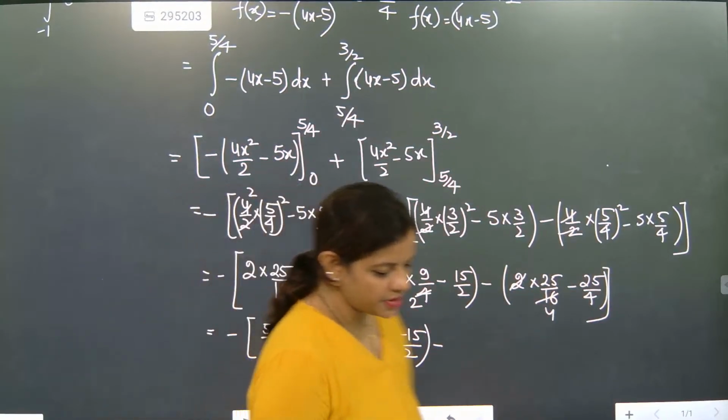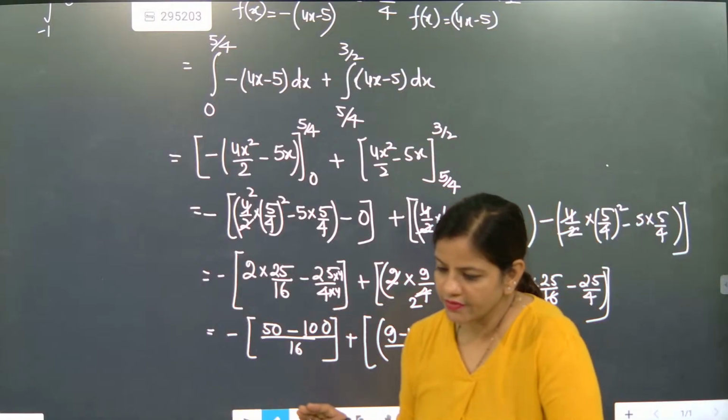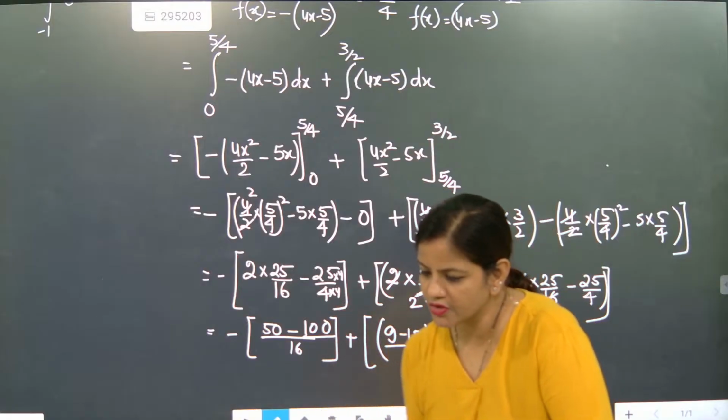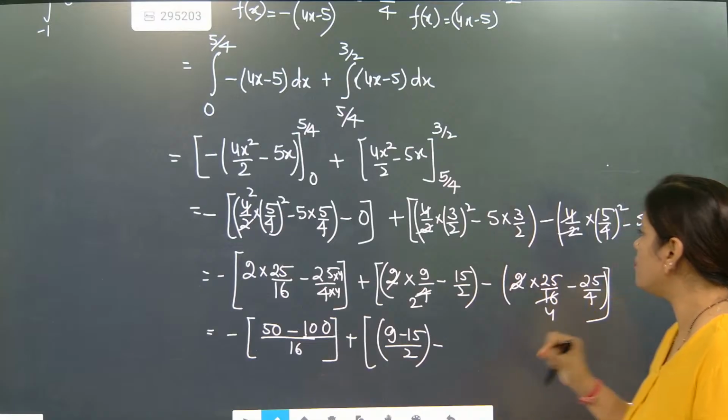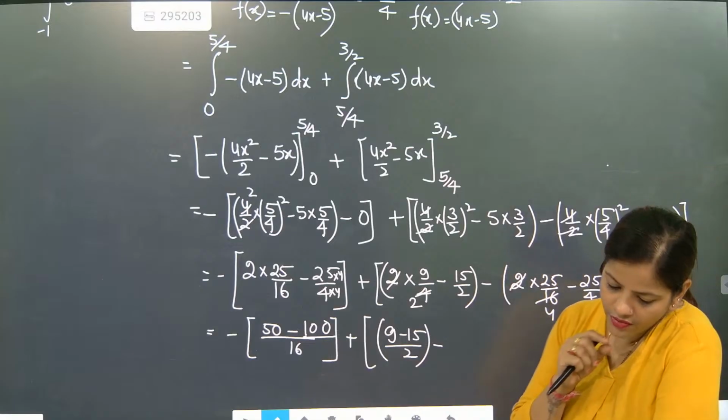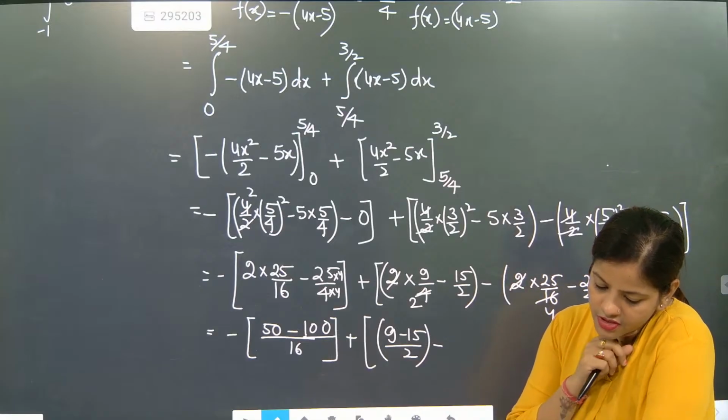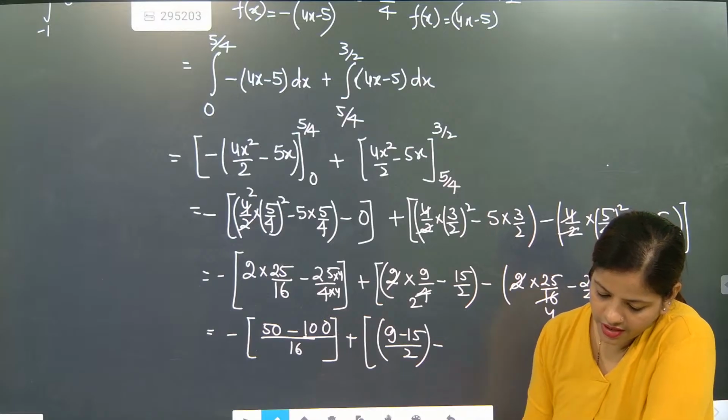What is the answer coming? We are solving the most important questions. Just go back and check one time how you are going to solve the questions. Check this one out and write it nicely.